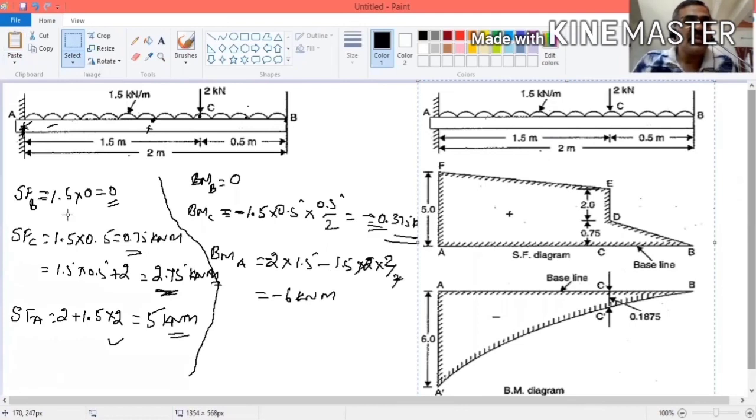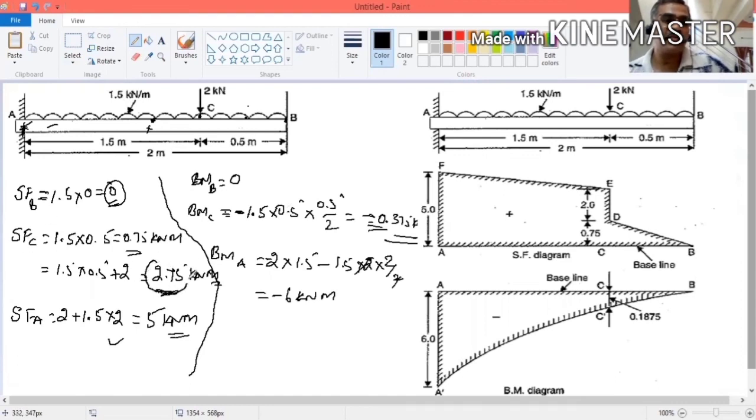Now see, shear force at point B is 0. It is 0 at point B. So here it is 0. Shear force at point C is 2.75.